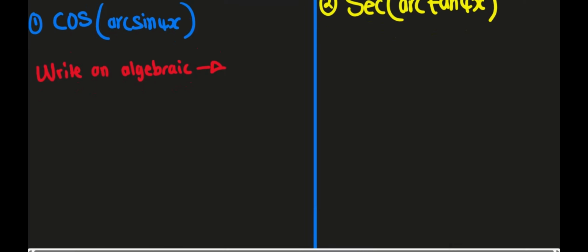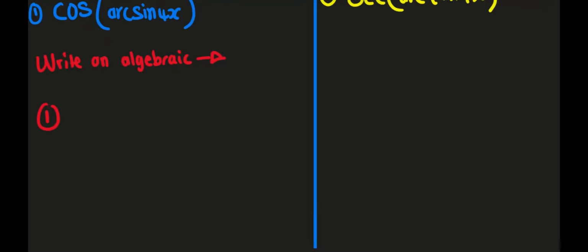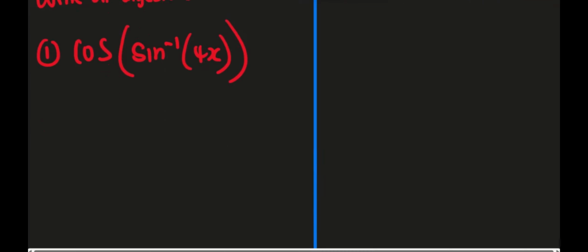For the first one, you would rewrite it as cos arc sine 4x, and then from here you just pick a random letter.